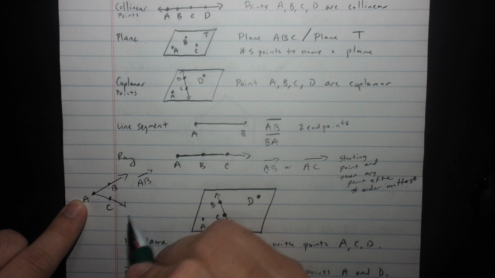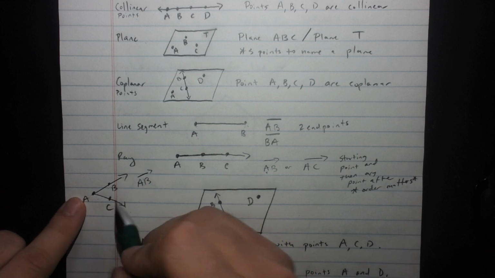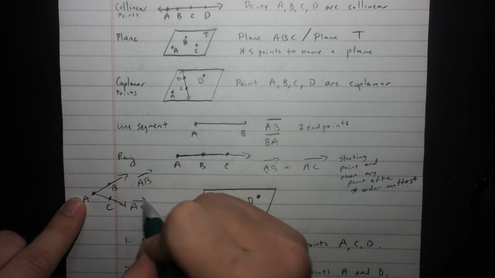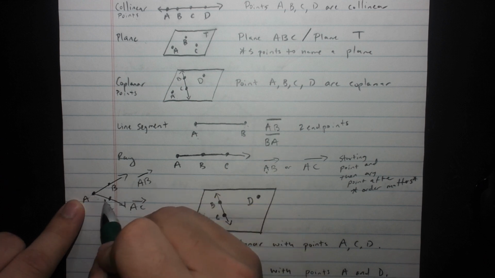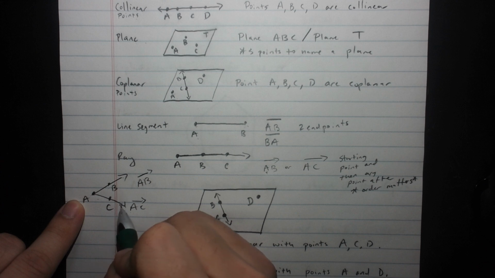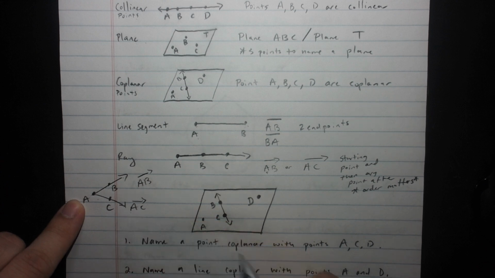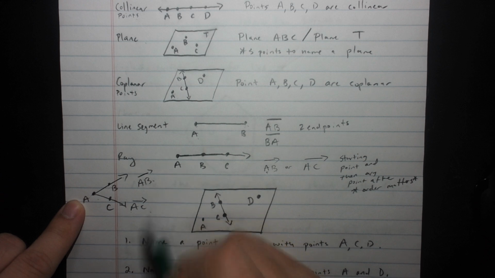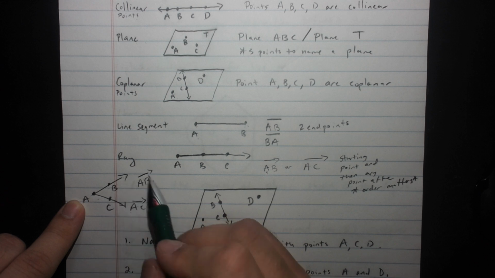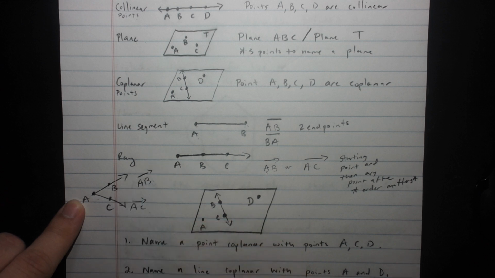If you call it ray BA, you're going to get points taken off. You don't want that. And then over here, this is going to be ray AC, right? I'm starting at A, and then I'm going to approach C, and then it's going to extend in one direction. So I have ray AB and ray AC. All right? And this will come up when we talk about lesson 1-4, angles.